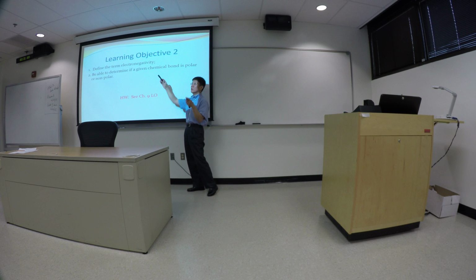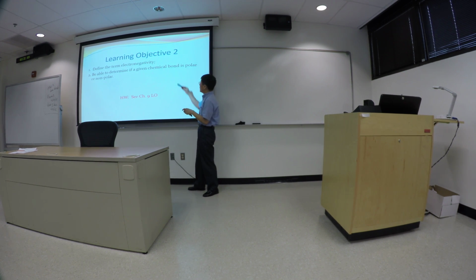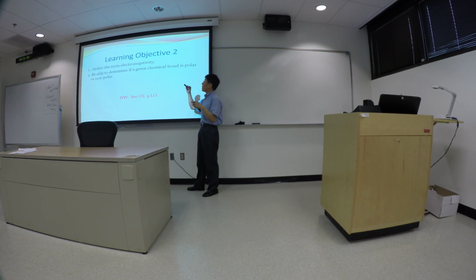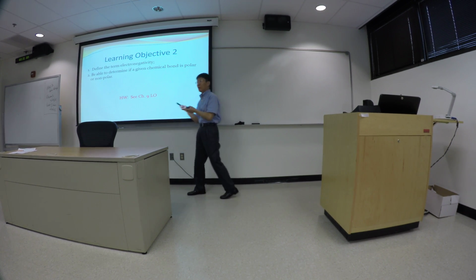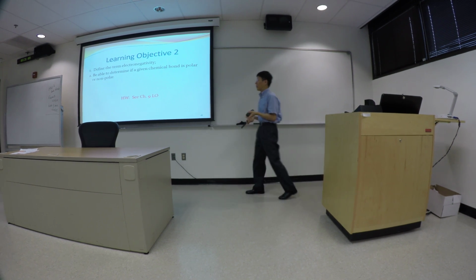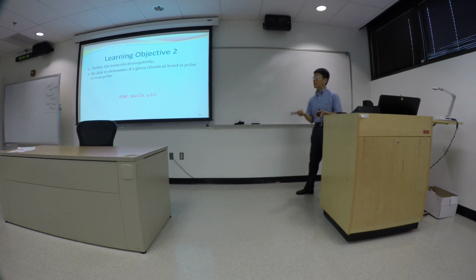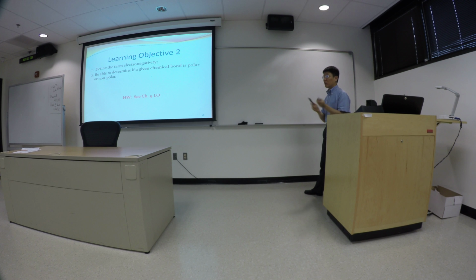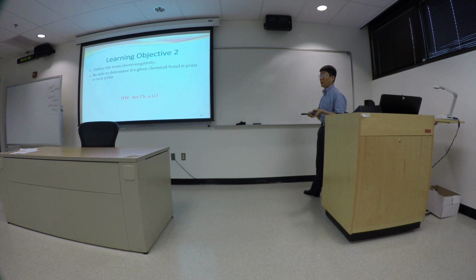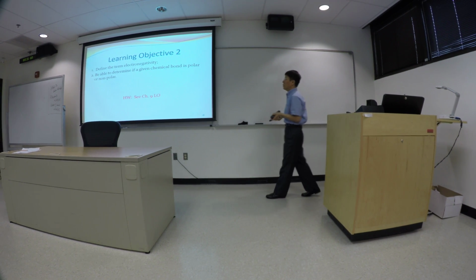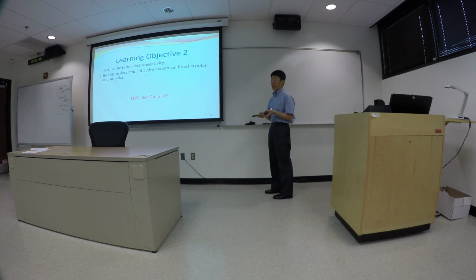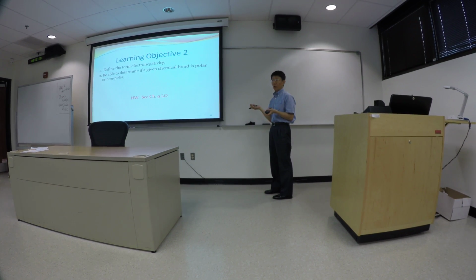When you're talking about covalent bonds, we have a polar covalent bond and a nonpolar covalent bond. How do we quantify what is a polar bond and what is a nonpolar bond? We'll look at the nature of the electronegativity for the atoms involved in the chemical bond. We'll give you some guidelines on how to determine whether a chemical bond is polar or nonpolar.